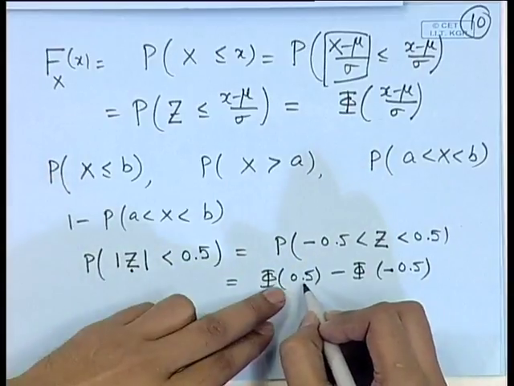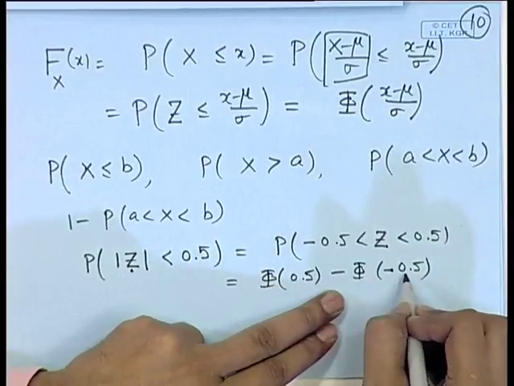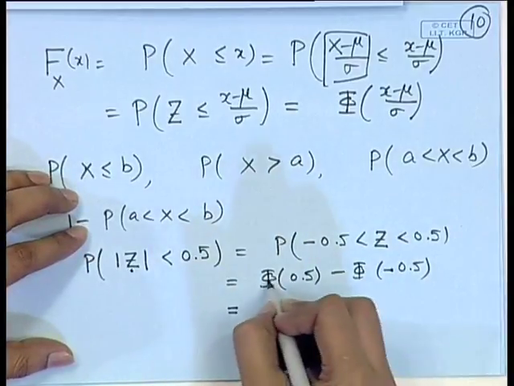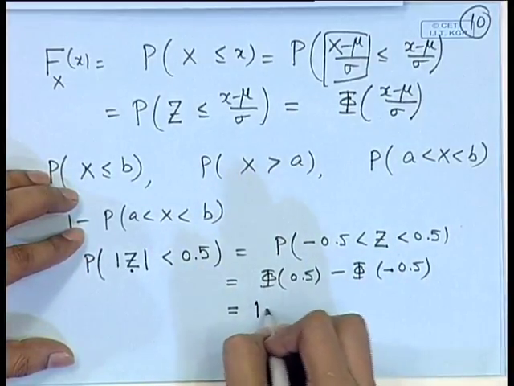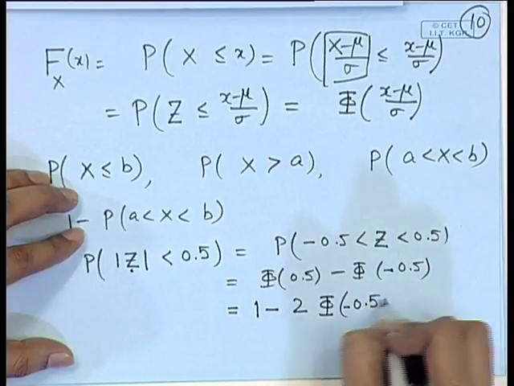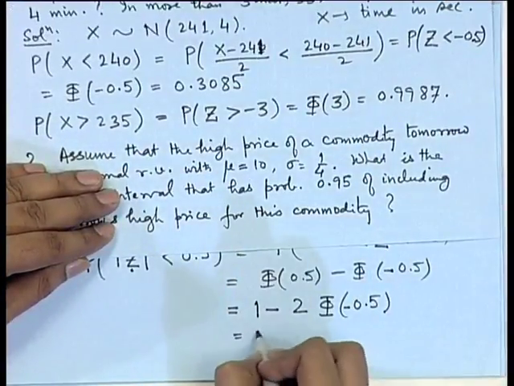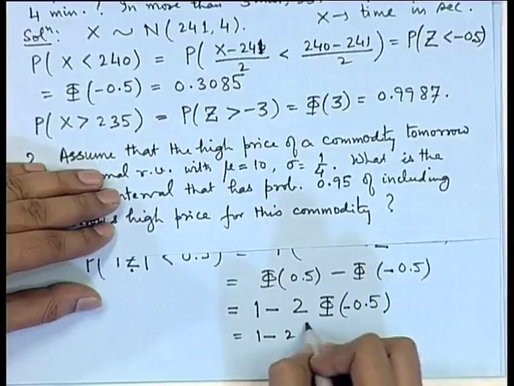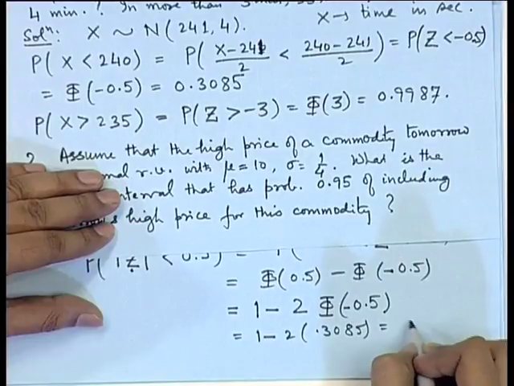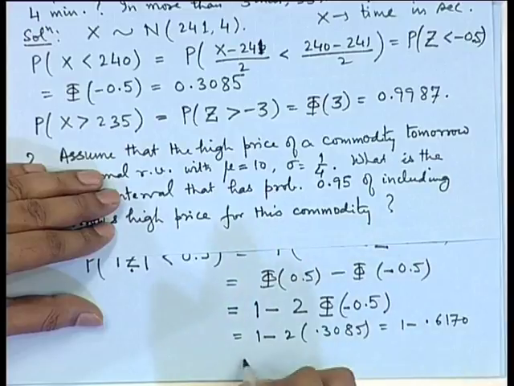We need to see the value of only one of them, either phi of 0.5 or phi of minus 0.5, and the other we can write as 1 minus that. So, this becomes 1 minus twice phi of minus 0.5, and the value of phi of minus 0.5 was 0.3085. So, this is equal to 1 minus 2 into 0.3085, that is 1 minus 0.6170.